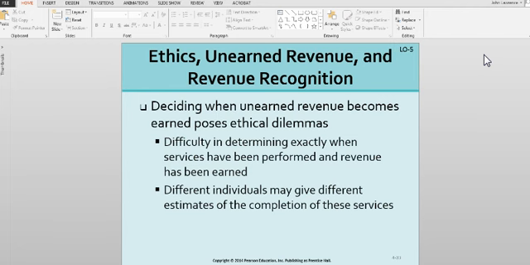We've chatted a few times about ethics as it relates to accounting in general, and there's black and white areas, but many times there are gray areas, as we've talked about in the past.